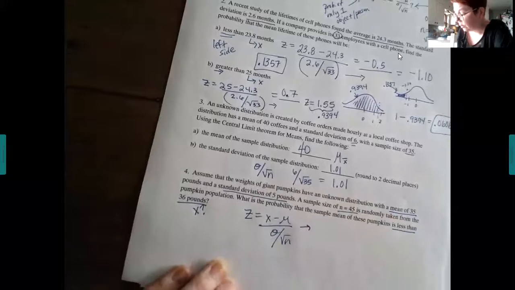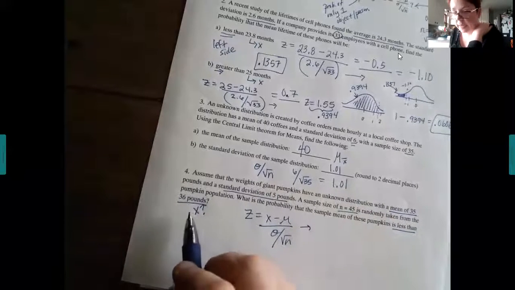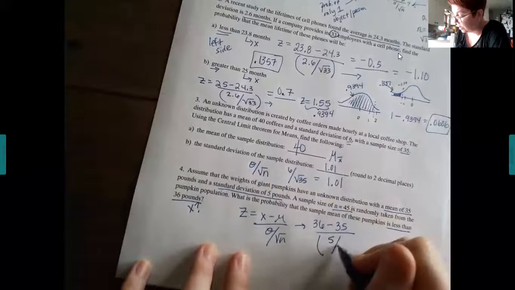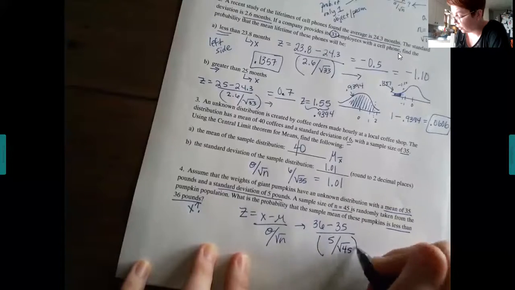So again, we're going to put these values in, asking about 36. So that comes first, minus the average. Then the standard deviation is 5, with a sample size of 45.